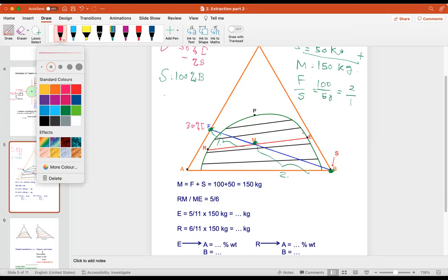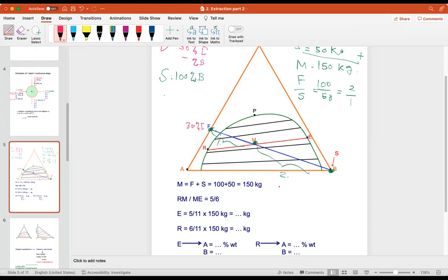The extract is around this one, so the extract divided by the raffinate equals the length of RM divided by the length of ME, with the lever rule you find it inversely. This is the raffinate, so this is the length of ME.